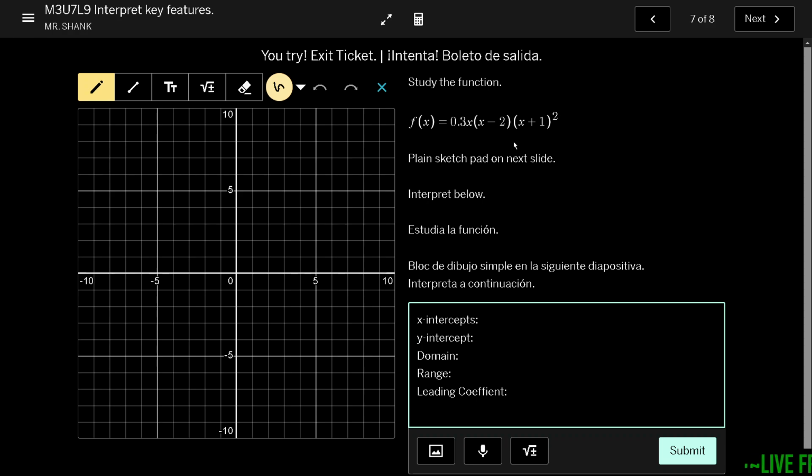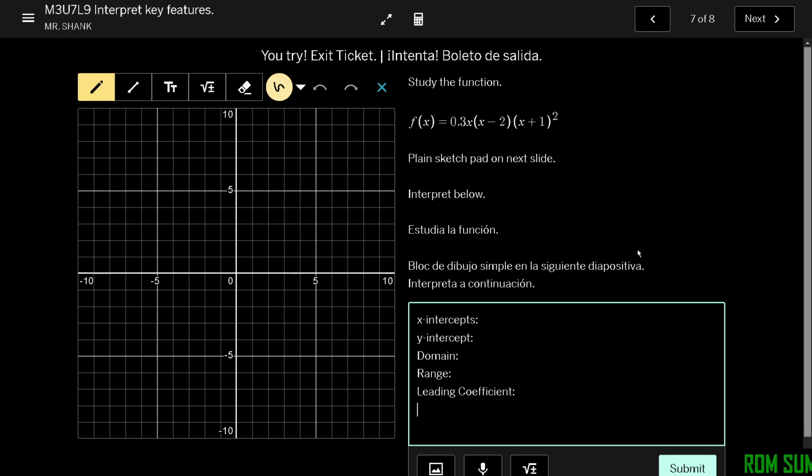Whether it's vertical stretch or vertical shrink, is it positive or negative? Let me make sure I spell that word correctly. How about coefficient? There we go. All right. Then we said, what's the last one? Leading coefficient. What is our degree? Is that even or odd? And then I need my end behavior.